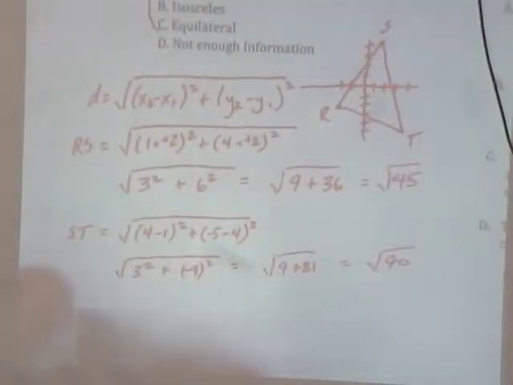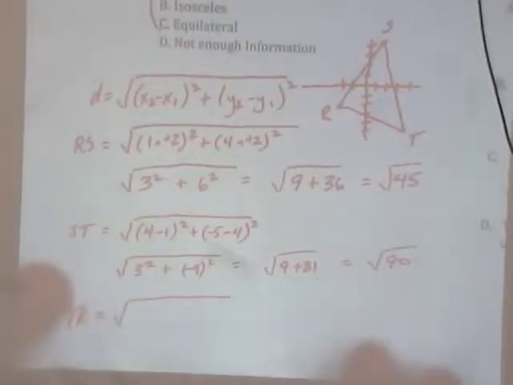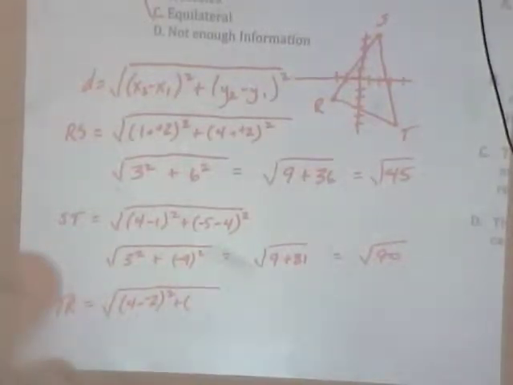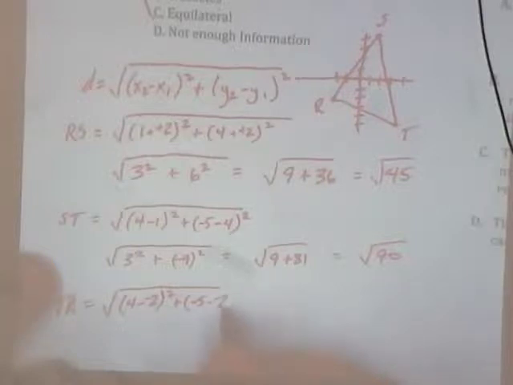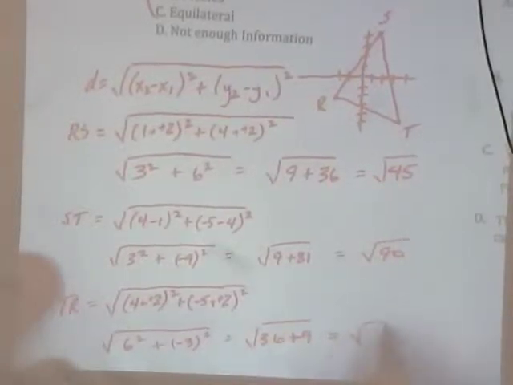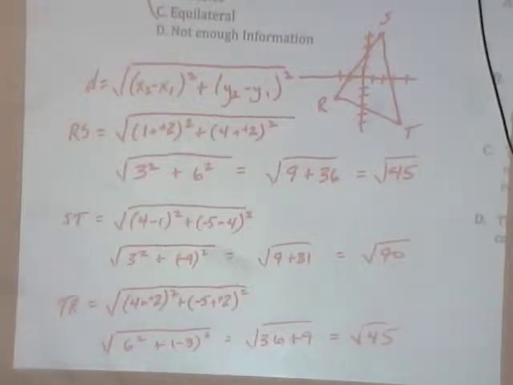TR. That is 4 minus negative 2 squared plus negative 5 minus negative 2 squared. That's plus 6 squared, and negative 3 squared, so that's 36 plus 9, square root of 45. So we have to do all that to solve it. Just one problem, distance formula. You just do it 3 times.